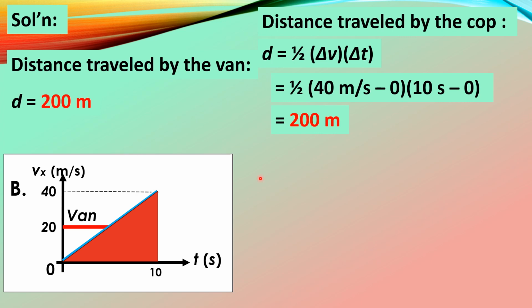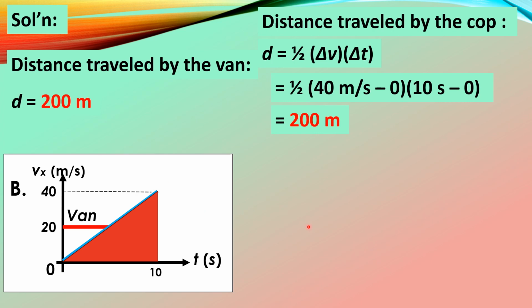Because from the very start at time 0 until 10 seconds, we emphasize that the motorcycle cop has been constantly accelerating, and in delta t equals 10 seconds, he was able to travel the same distance that the van has covered.